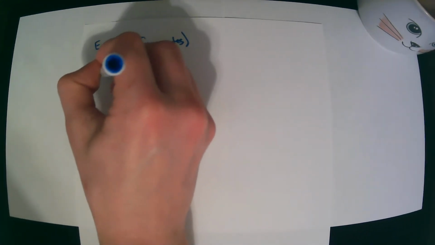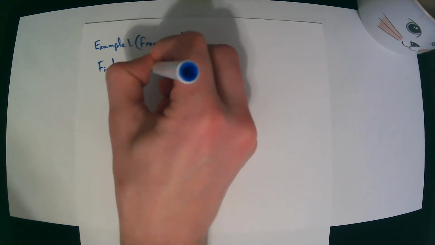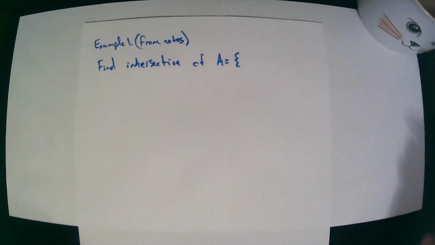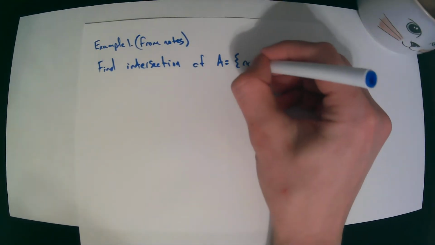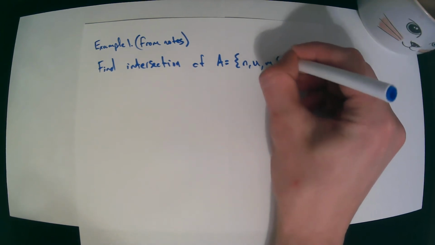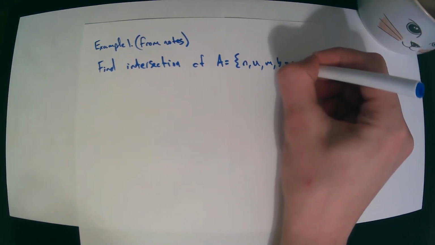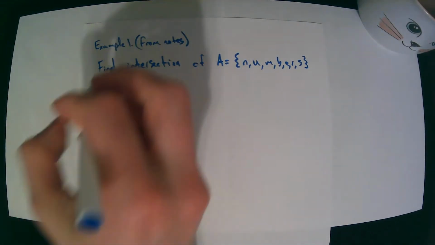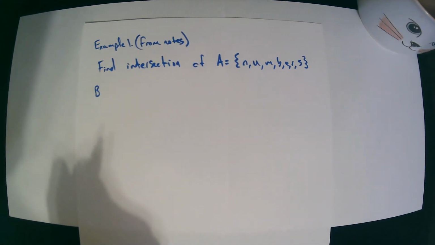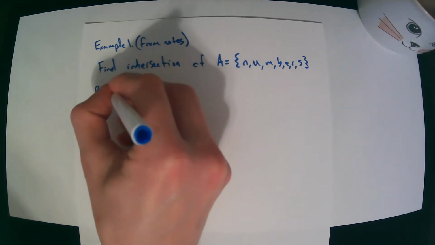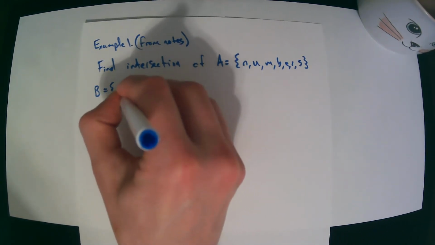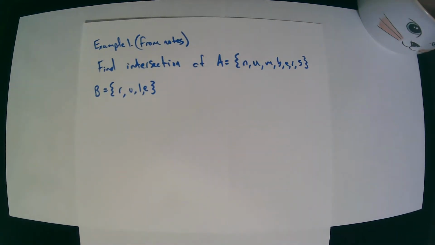It says to find the intersection of the sets A and B. I'm going to shorthand this, so find the intersection of A, which is equal to the set of letters that spell the word numbers, so with an S. So 7 elements in A, so I could say the cardinal number of A is 7. And B is the letters that spell the word rule. So 4 elements in that set. The cardinal number of B is 4.